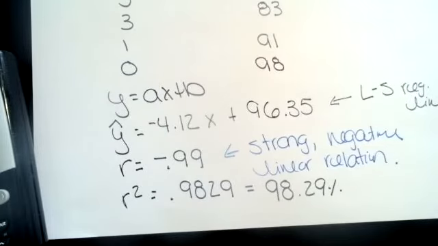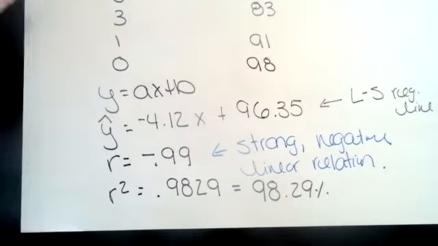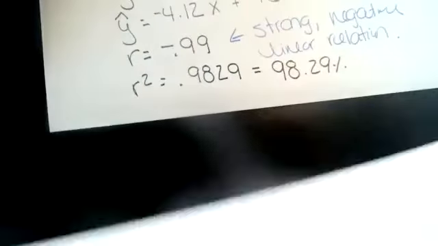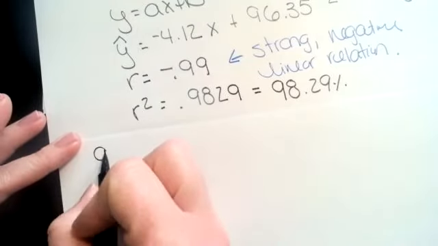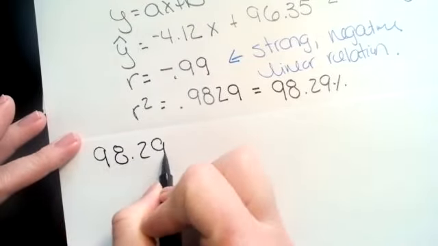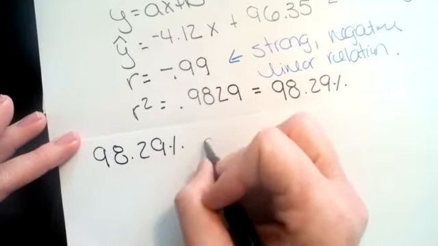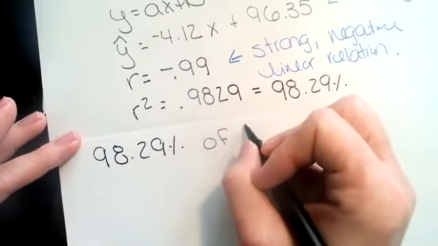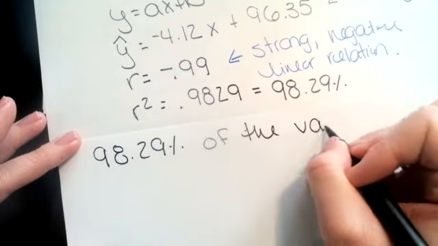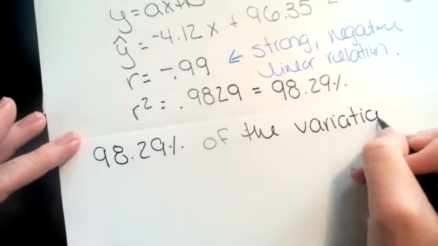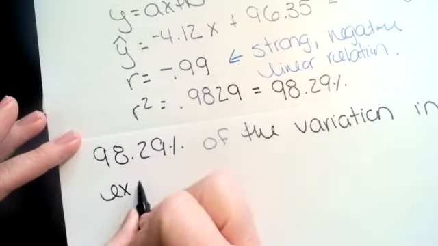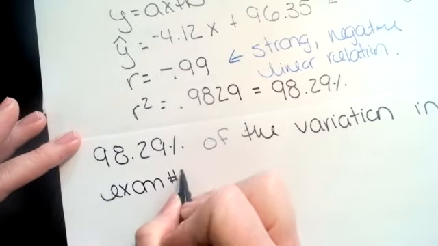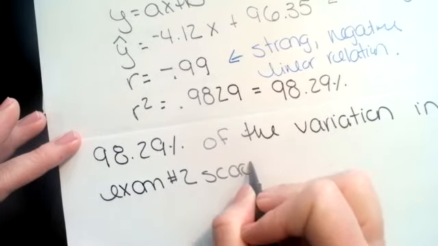Okay. Let me write that out for you guys. I don't like to just say things verbally. I like to write it. So I would say that 98.29% of the variation, or you can say variability, you can say spread, in exam 2 scores. That's like my context of my problem, right?